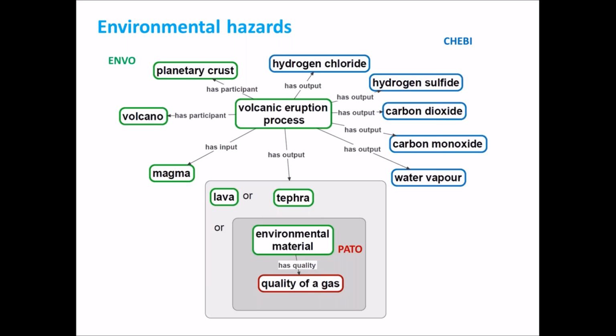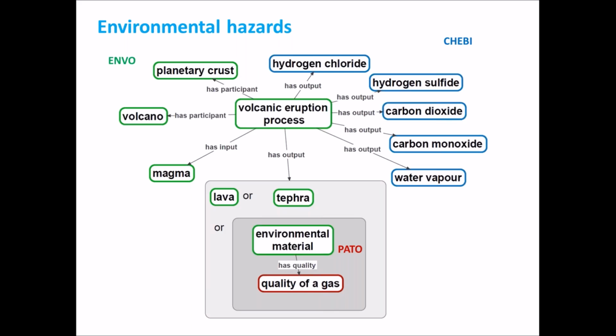So again, if there's a volcano erupting, using classes from an ontology called ChEBI, which deals with chemical entities, we know what the outputs of that thing are. And those classes connect onwards into a very large and involved web of knowledge about chemicals. The same is true on the ENVO side. Those parts of our planet, those elements that participate inside an eruption process, are mapped out, and they have further links to what they are made out of, where they come from, what their formation processes are.